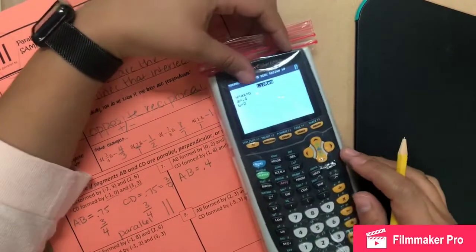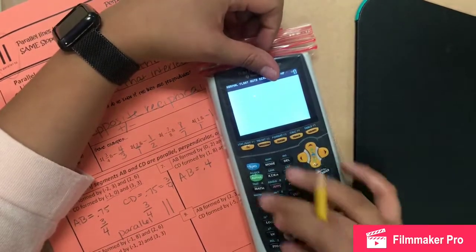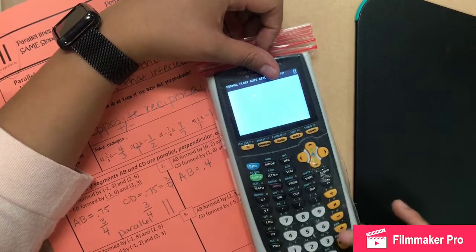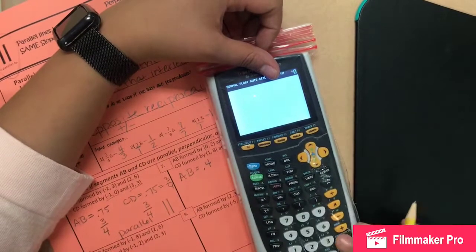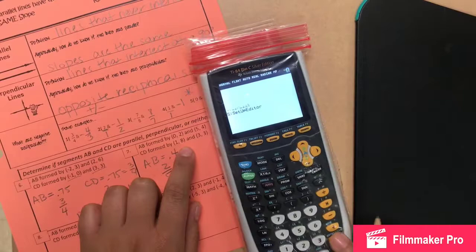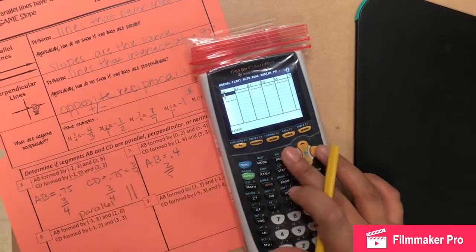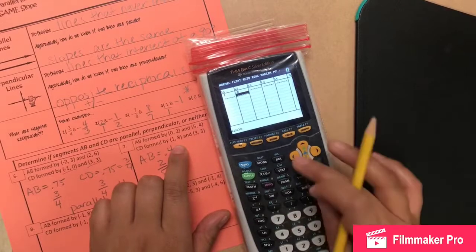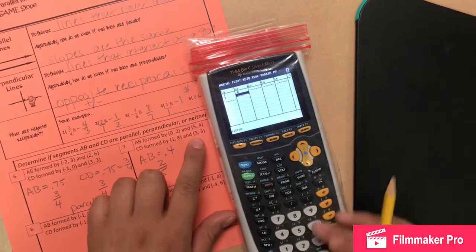Again, we don't want to leave it as a decimal, so 0.4 alpha y4 is 2/5. Then I perform linear regression on CD, so delete, delete, delete, delete. 1 on the left, 8 on the right, 3 on the left, 3 on the right.